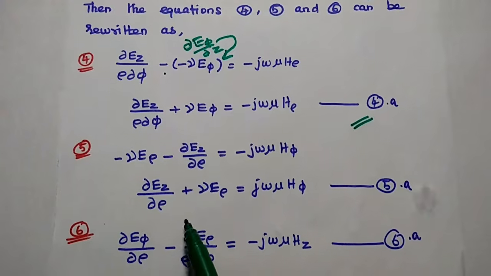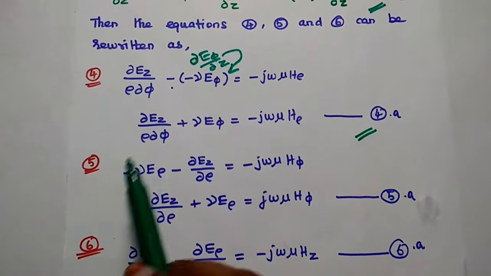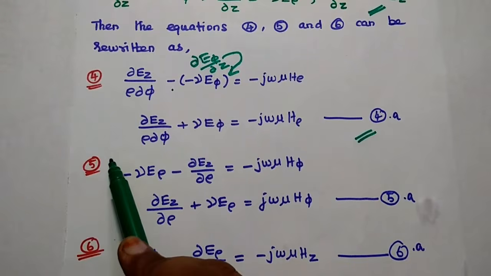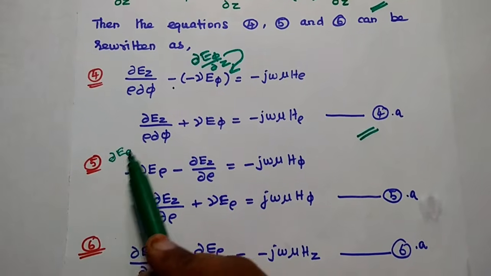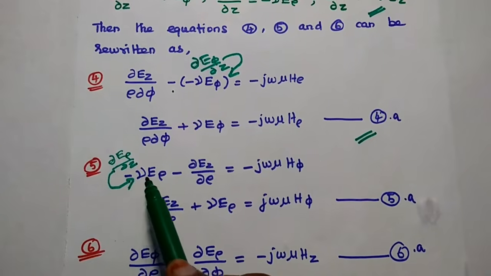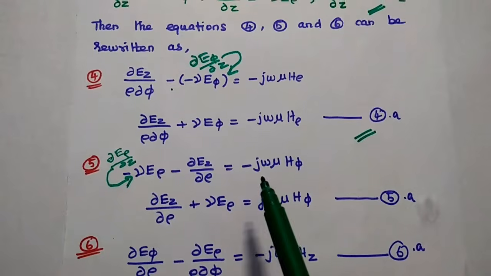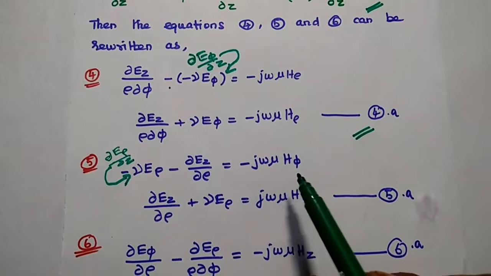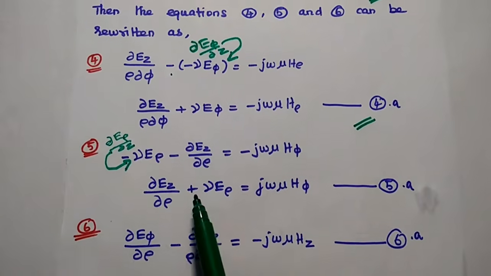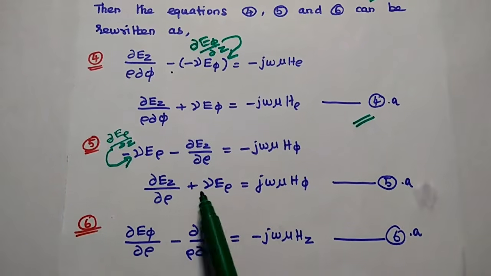The same way we can get the fifth equation. What is the first component of this fifth equation? Its value is ∂Eρ/∂z. That value is replaced with minus γEρ, minus ∂Ez/∂ρ is equal to minus jωμ Hφ. Then all the terms have a minus sign, so we can make it a plus.